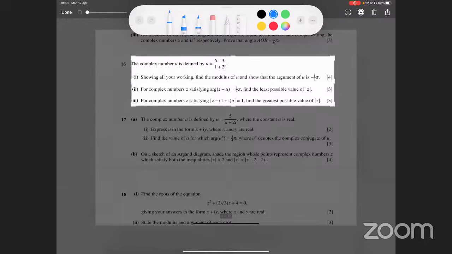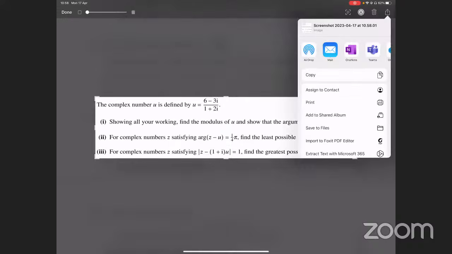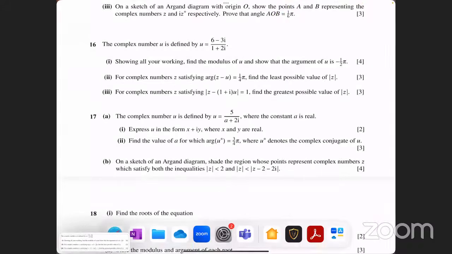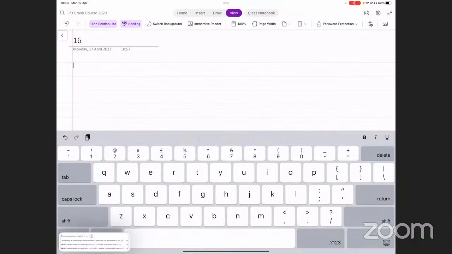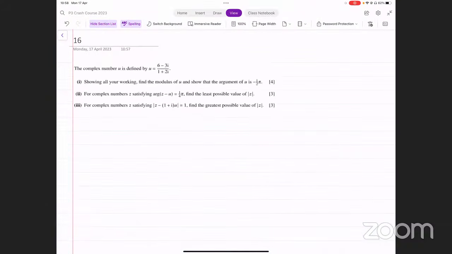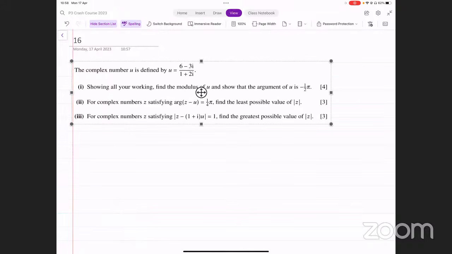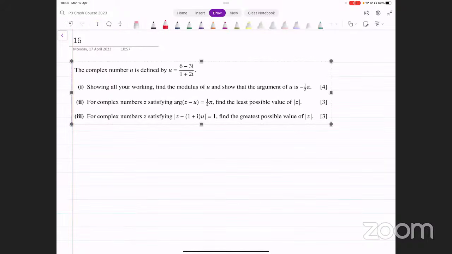This looks like an interesting one as well. Okay, so it's a 10-mark question in total. I'm not going to do the first part. Let me just see what the answer for that is going to be.